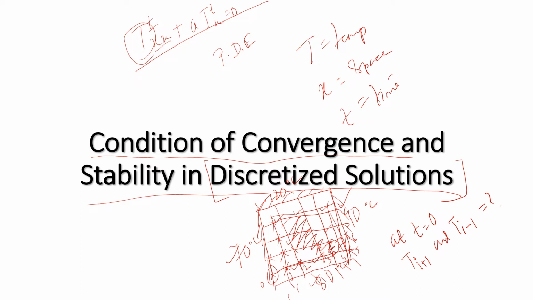And remember, each of the grids is of uniform dimension. That means this and this are the same.